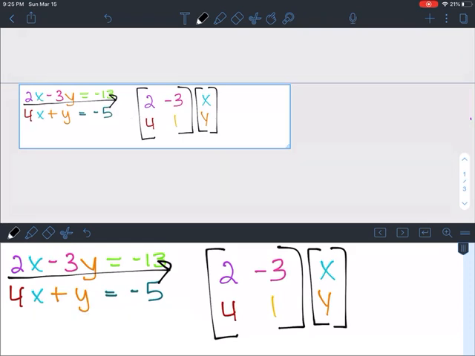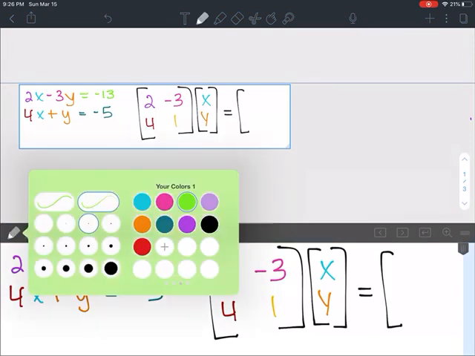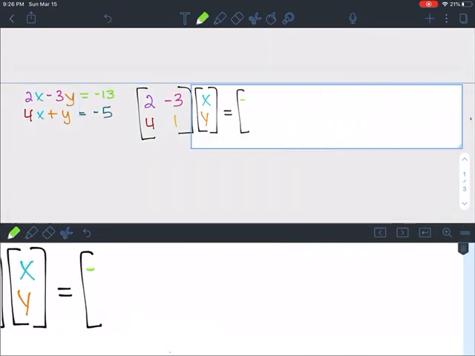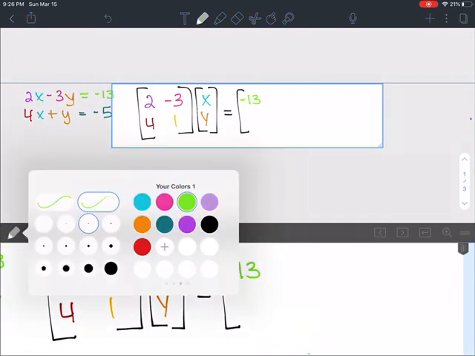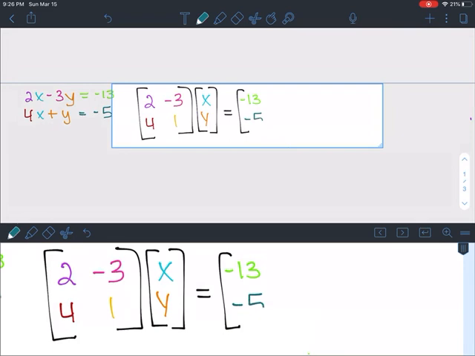And that's also why my x came first over my y, because x was first in the equation and y was second. So what I can do is set this equal to a matrix made up of my constants. So this equals a matrix made up of my constants: negative 13 and negative 5.